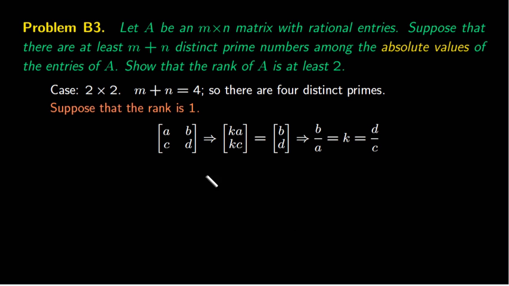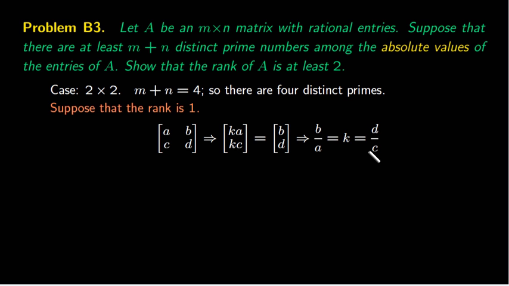So here's our matrix, and everything is a prime number, and we suppose its rank is 1. So one column vector is generated by a scalar multiple of the other one. So if you take the quotient, or if you solve for k, we arrive at here, k is b over a, k is d over c. So they are equal like this.